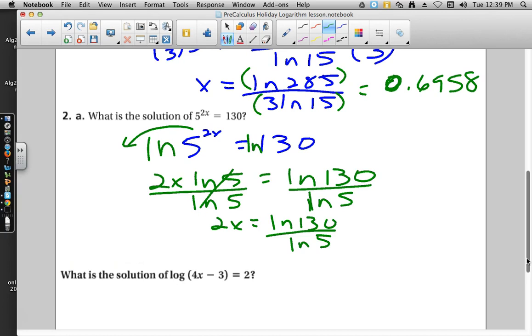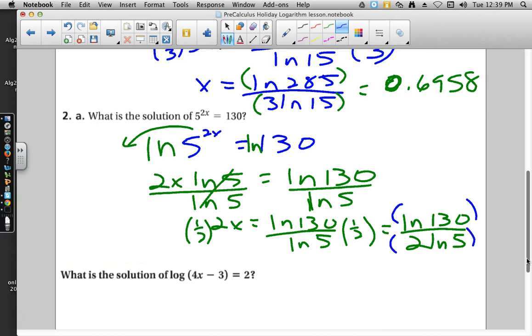And again, you can think of it as dividing by 2, but dividing by 2 for a fraction would be multiplying by the reciprocal. So we could multiply both sides by 1/2, and that would give us the natural log of 130 over 2 natural log of 5. And of course, when we do punch this in the calculator, we do so very carefully.